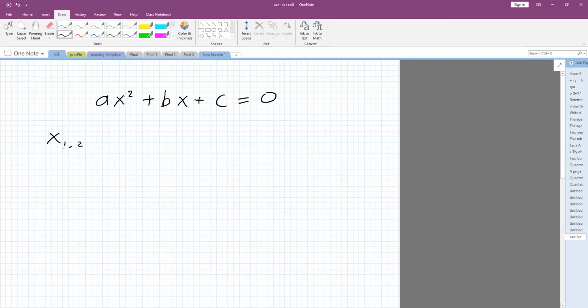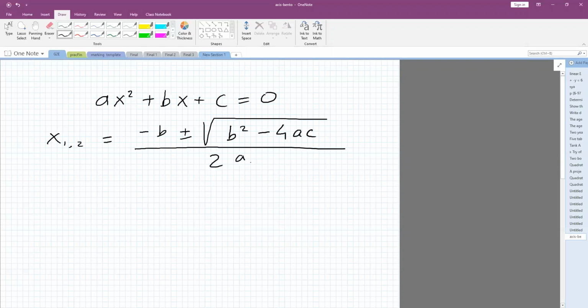Let me write them down as x1 and x2. Previously we already derived this formula, where the solutions x1 and x2 equal minus b plus or minus the square root of b squared minus 4ac, divided by 2a.